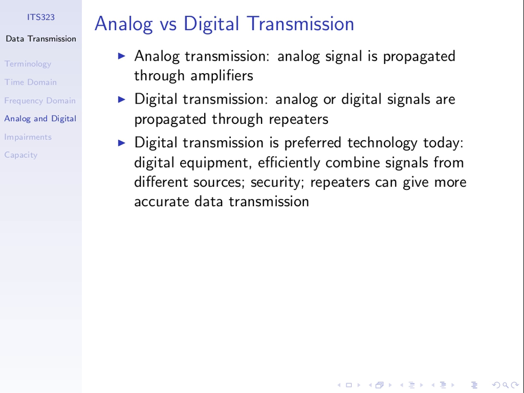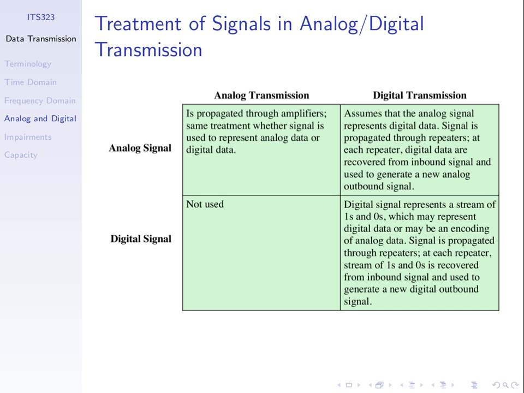So we get amplifiers in analog transmission and what are called repeaters in digital transmission. That summarises the three cases. Analog transmission always with analog signals, not digital signals. Digital transmission with either analog signals or digital signals.